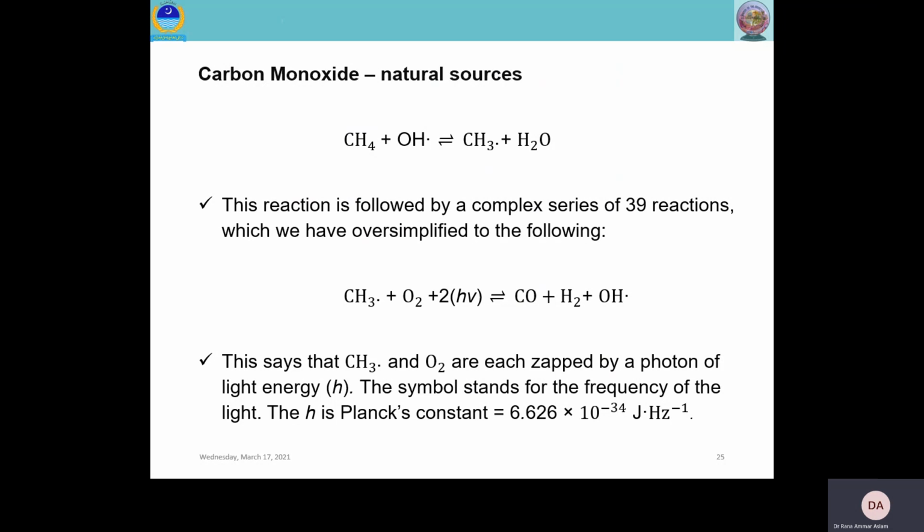And then 39 more reactions take place in the presence of oxygen and sunlight, and then finally carbon monoxide is generated, right? The other information related to this chain of reactions is presented here in the last bullet.